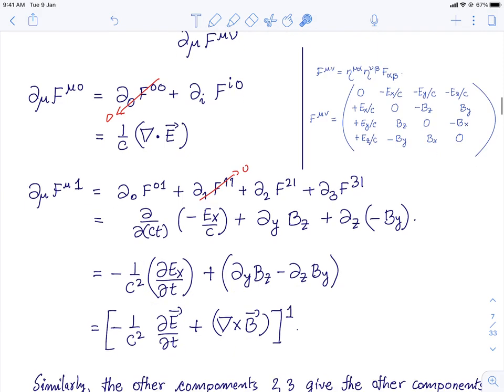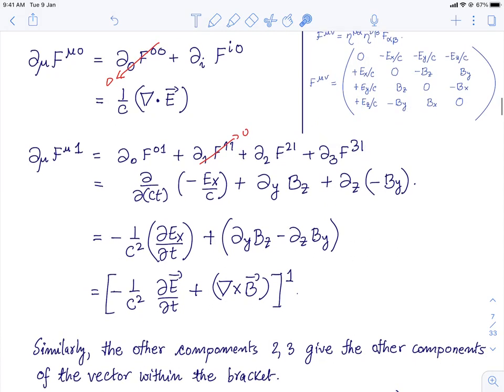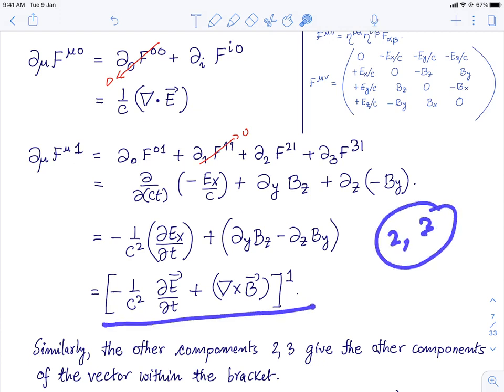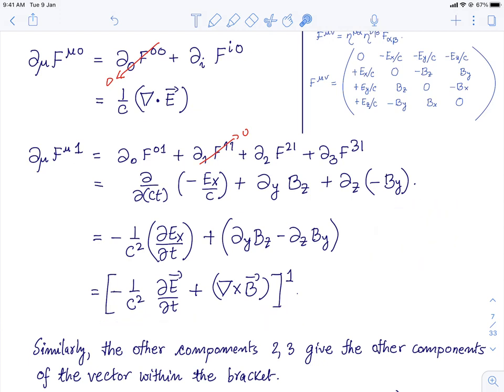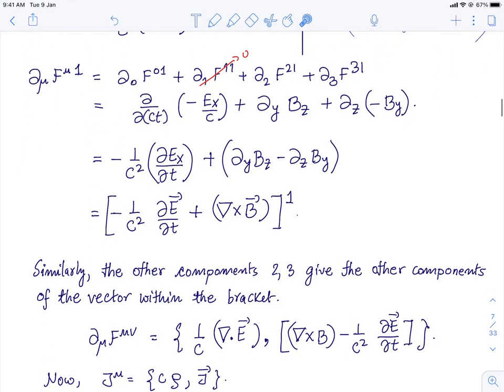You should check whether I have read off the components correctly and have the right signs. And you should also verify that the other two components, the 2 and 3 components, give the right components of these vectors, so they don't give something else completely. So basically, this is what is going on.